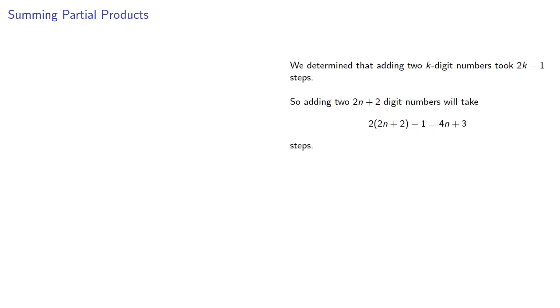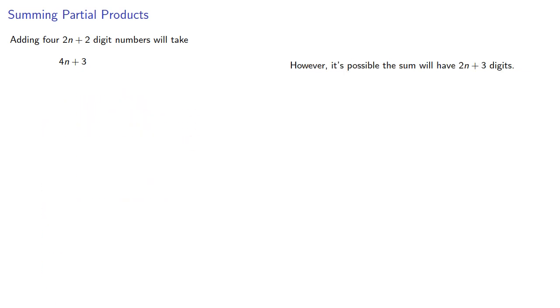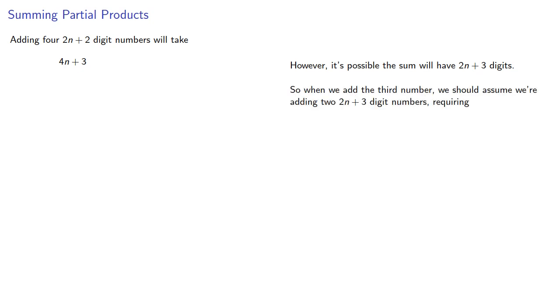So we determined that adding two k-digit numbers took 2k steps. So adding two 2n plus 2-digit numbers will take 4n plus 3 steps. However, it's possible the sum will have 2n plus 3 digits. So when we add the third number, we should assume we're adding two 2n plus 3-digit numbers requiring 4n plus 5 steps.